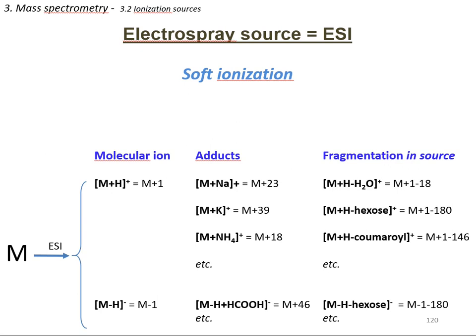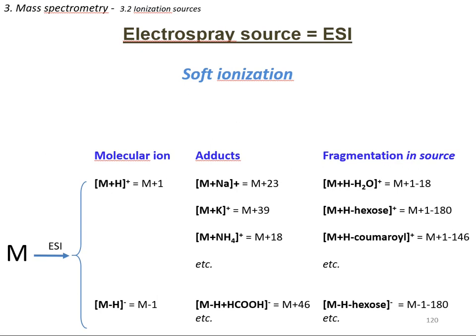So the mass spectrum of one molecule can be quite complex depending on the frequency of these different ion apparitions. Hopefully you will find the molecular ion that would be the most abundant, because it is the easiest way to interpret the mass spectrum, and also because it's easier to break down into smaller pieces if you want to make a structural analysis.